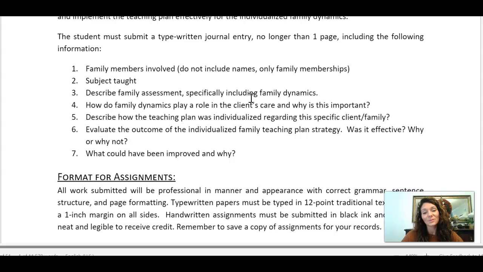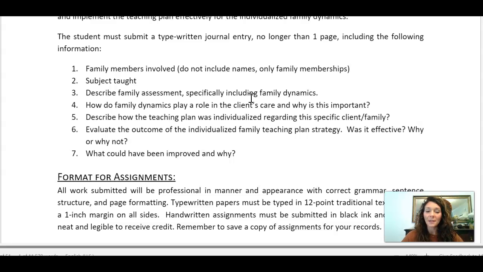All right, you have to tell me about the family members involved. Do not include names, obviously, only family memberships. You got to talk about what subject you taught and why. Describe the family assessment that you completed and specifically include what family dynamics that you observed.